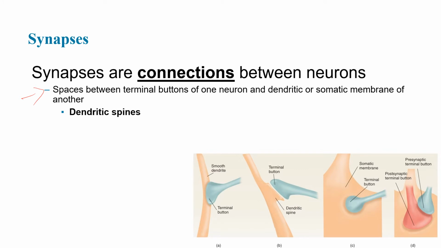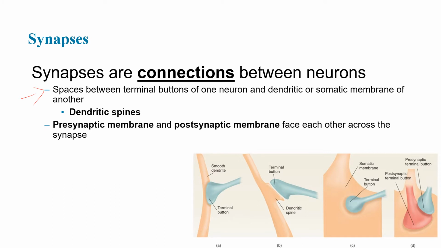You do have dendritic spines, which are basically spines that come off from the dendrite where terminals can connect. It doesn't have to connect to a dendritic spine, but that is one place where they commonly connect.